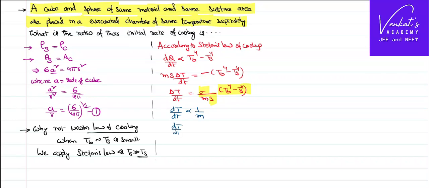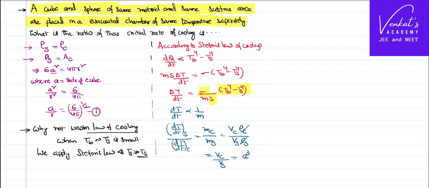So the rate of cooling of the sphere to that of the cube is mass of the cube by mass of the sphere. Mass is volume into density, and the densities are equal because they are made of the same material. So the ratio is volume of the cube by volume of the sphere.